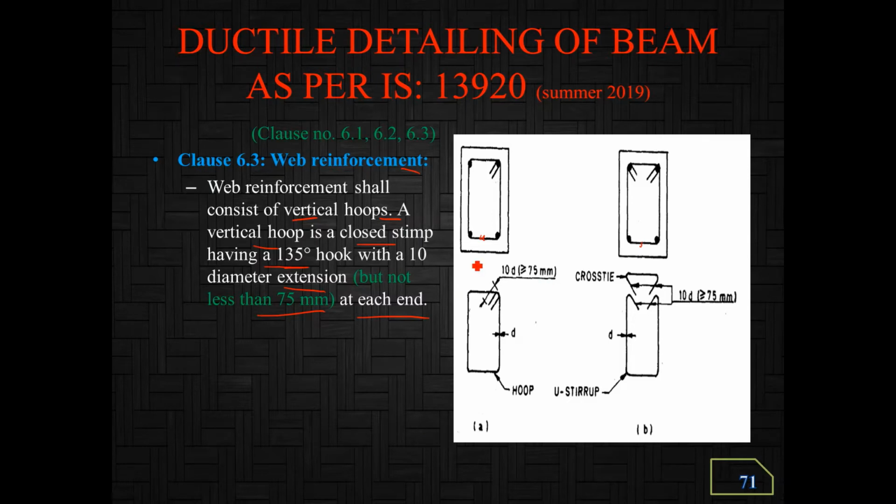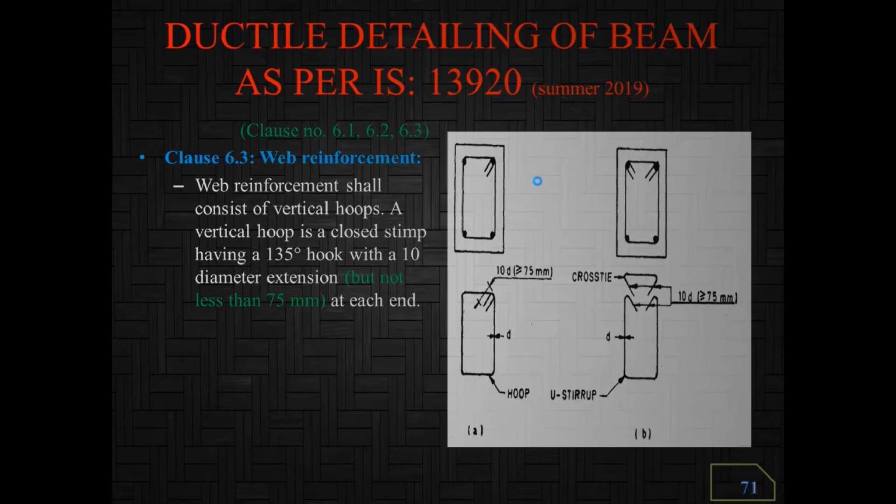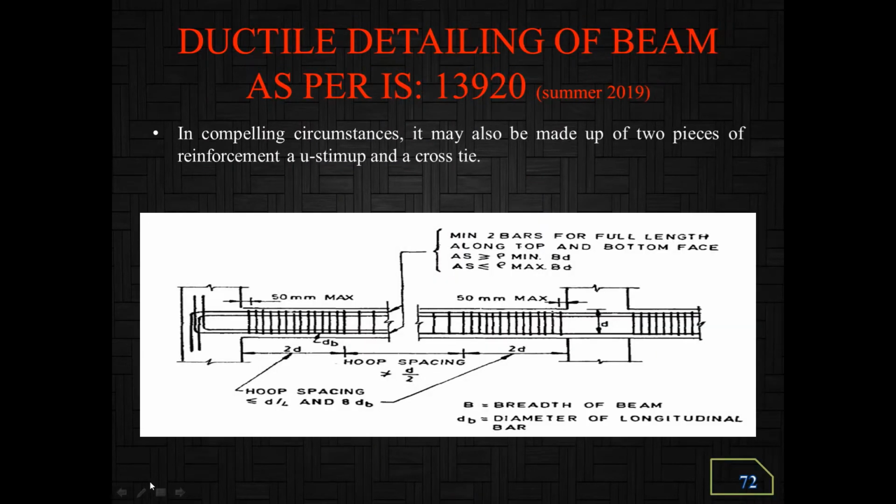So in this clause, the angle will be 135 degrees, but the length will be 10 multiplied by diameter, but not less than 75 mm. In compelling circumstances, it may also be made up of two pieces of reinforcement, a U stirrup and a cross tie.